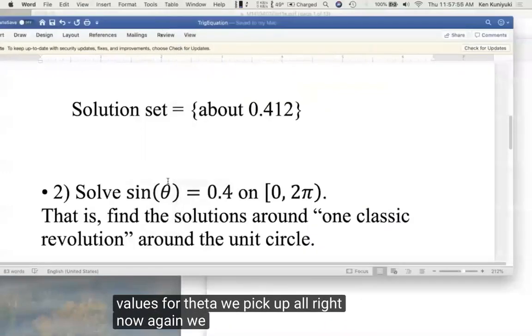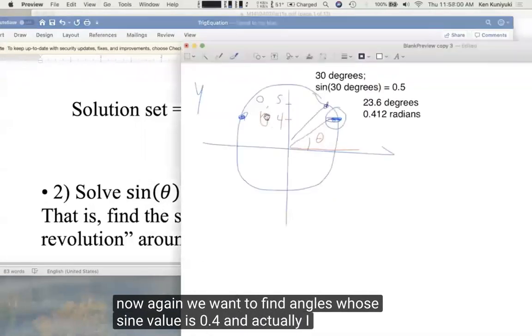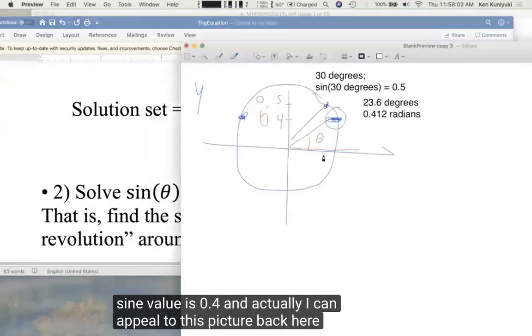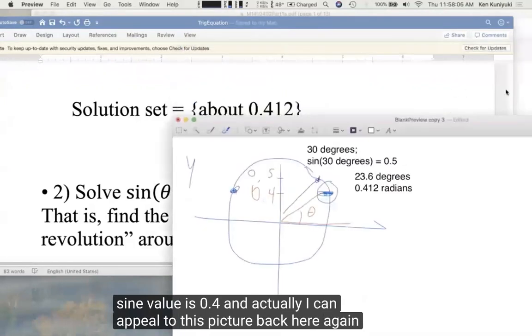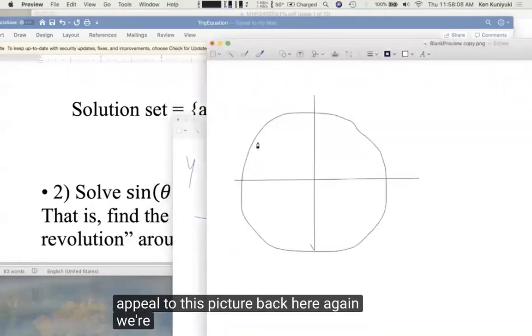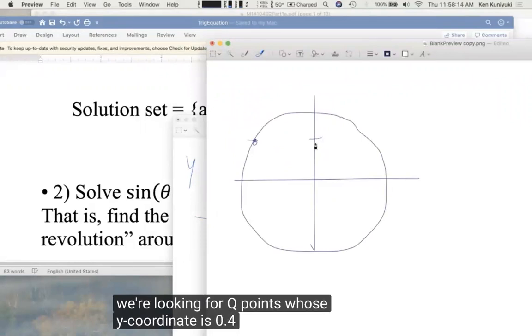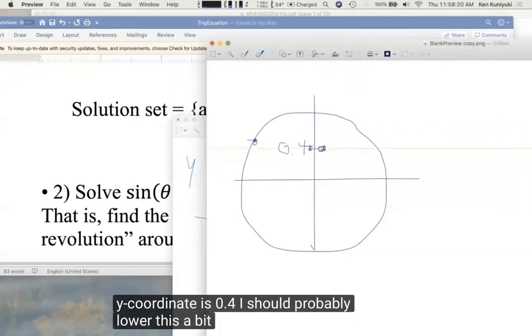Now again, we want to find angles whose sine value is 0.4. And actually, I can appeal to this picture back here. Again, we're looking for 2 points whose y-coordinate is 0.4. I should probably lower this a bit. 2 points whose y-coordinate is 0.4.